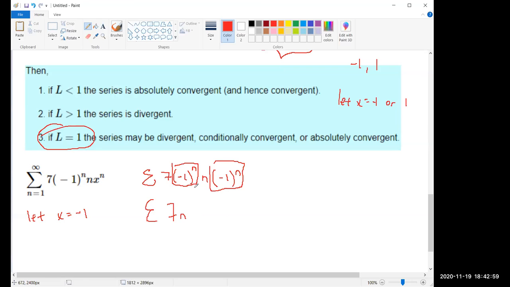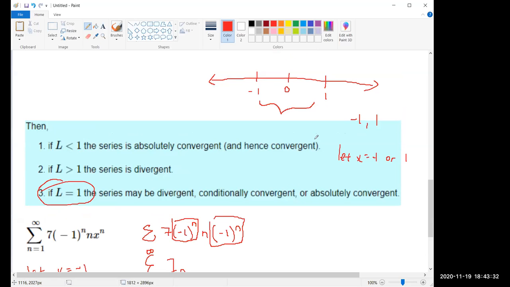Yeah, so -1 to the n, that's either going to be -1 or +1, right? If they're both positive or both negative, they're always going to multiply to +1, so they just go away. So this is just the series 7 to the n. Is that convergent or divergent? Yeah, that's definitely divergent, right? So x equals -1 gives you a divergent series, which means in our interval of convergence, we should use a parentheses here.